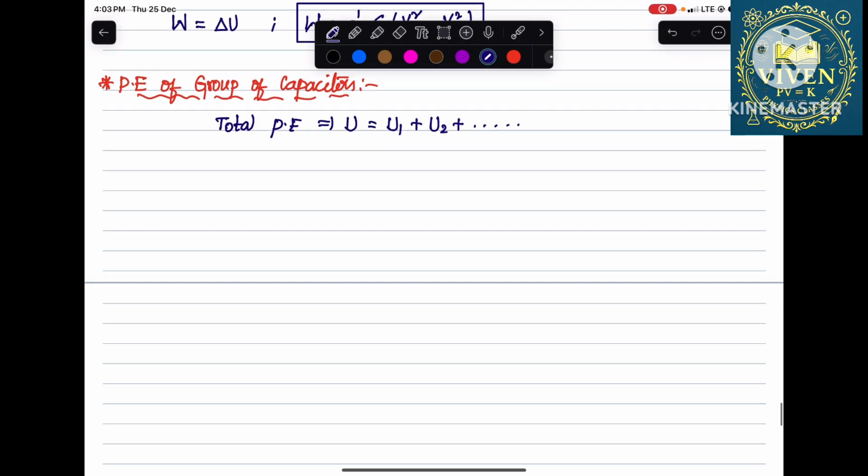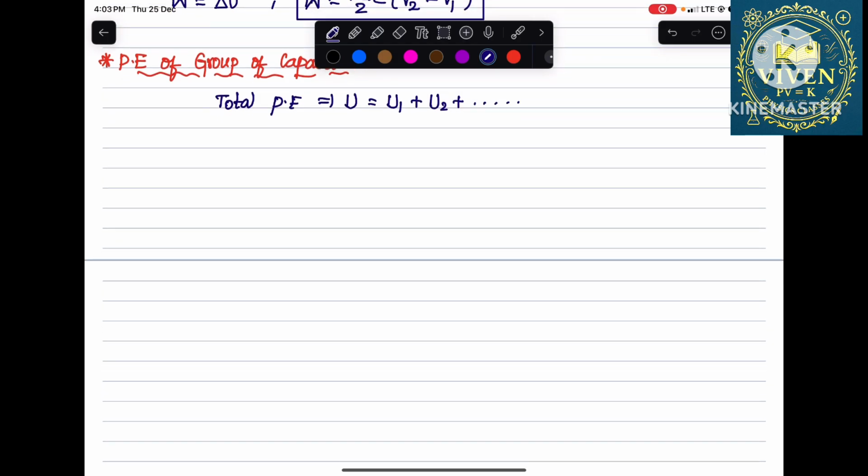If those capacitors are connected in series, then U1 is to U2 is to U3 is equal to Q square by 2C1 is to Q square by 2C2 is to Q square by 2C3.